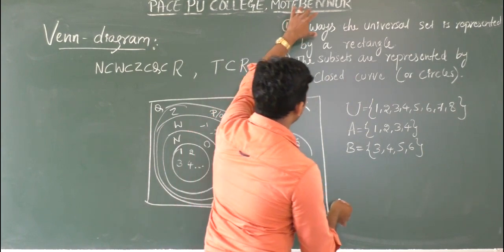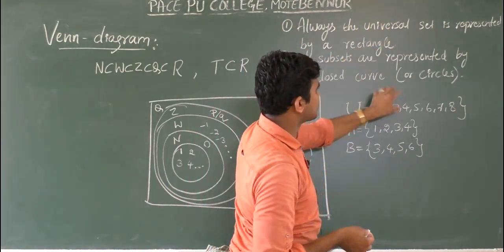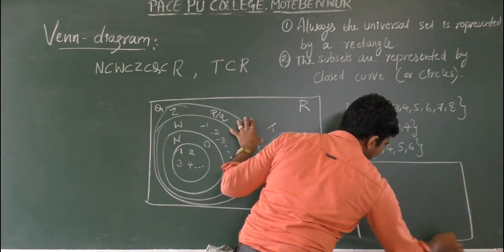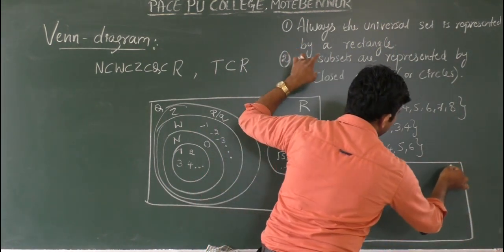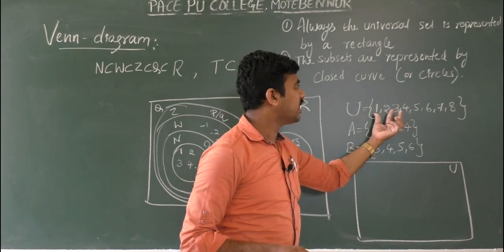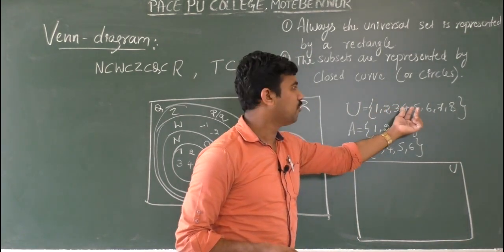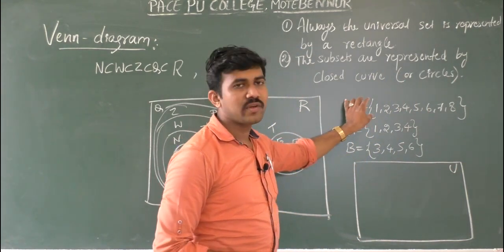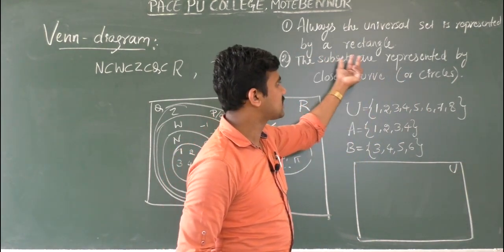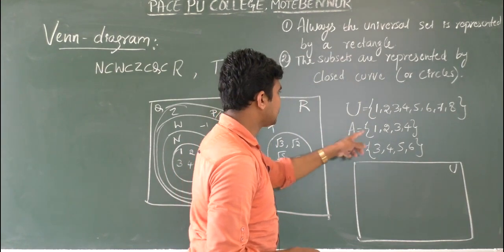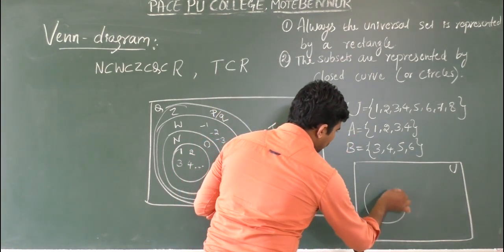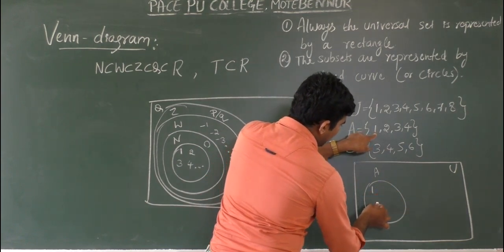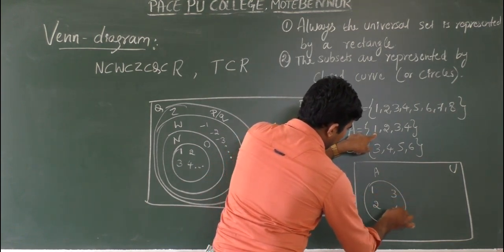How to show this in a Venn diagram? First point: always the universal set is represented by a rectangle. So this is a rectangle which represents the universal set, which includes all the numbers 1, 2, 3, 4, 5, 6, 7, 8. And inside this universal set, we write the subsets by circles. A is our first circle, it contains the elements 1, 2, 3, 4.